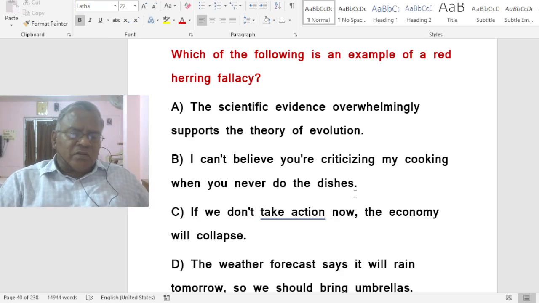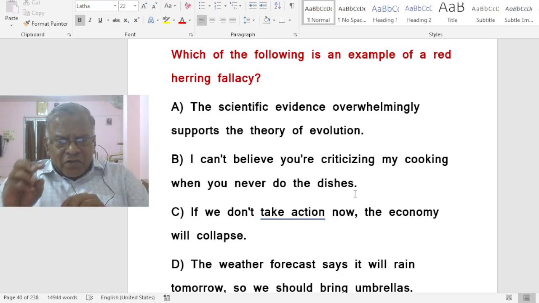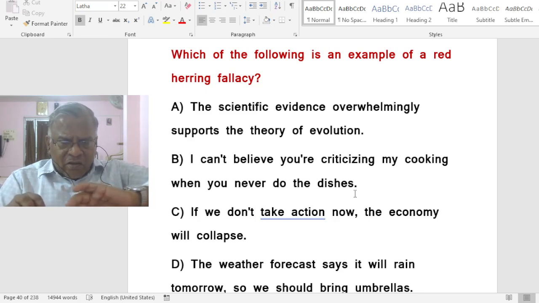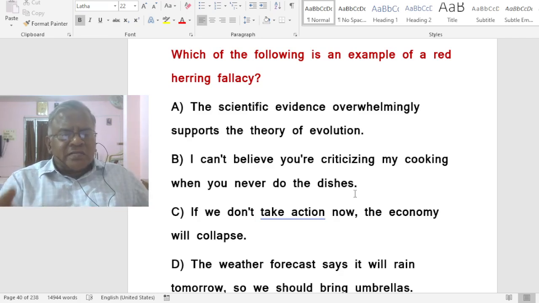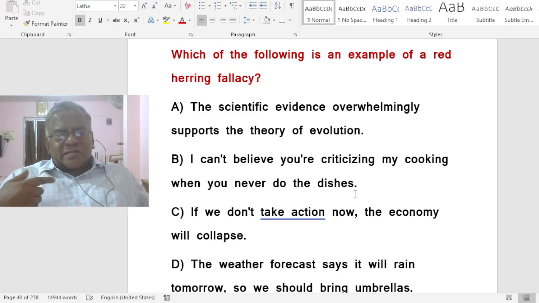Just see option B. I can't believe you are criticizing my cooking when you never do the dishes. Instead of concentrating on the criticism, he is just diverting from the main point. He is diverting from the main point, and then he is telling the person, you have never done the dishes, but you are criticizing.